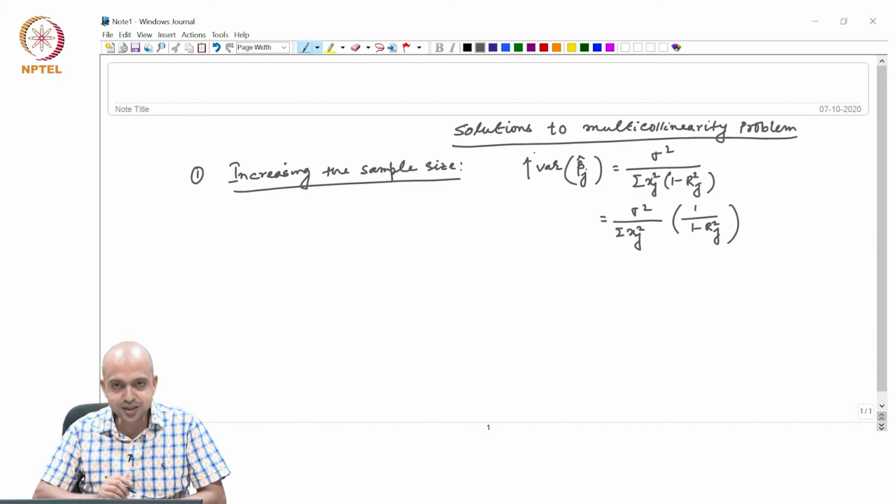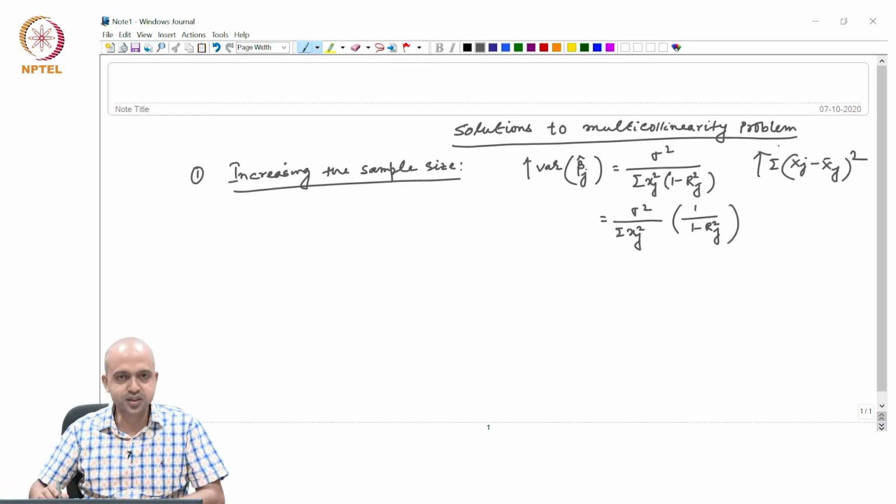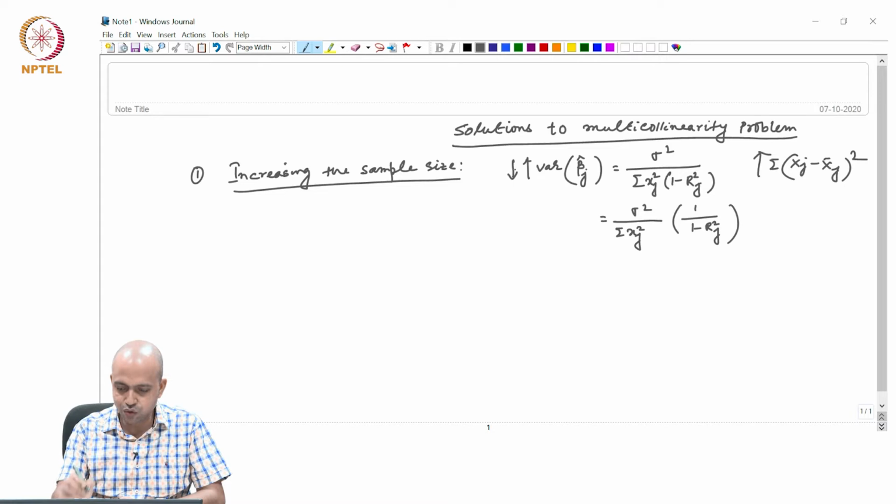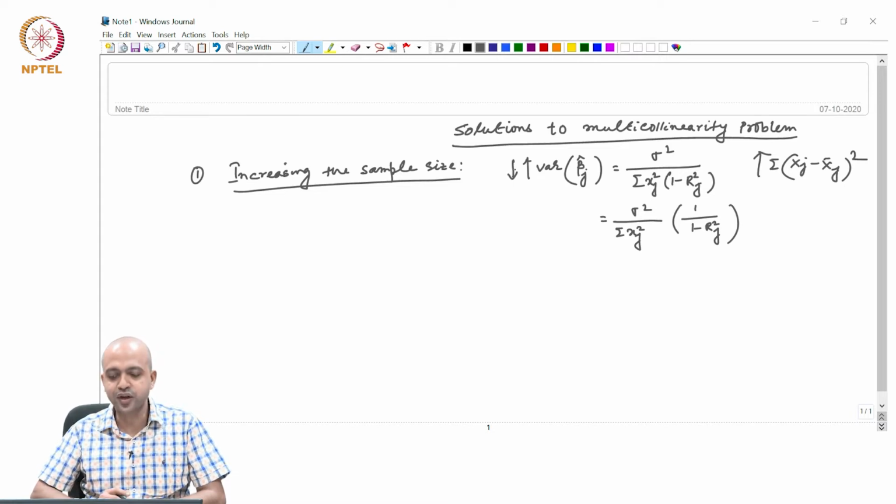But if you increase the sample size, the summation x j square, which is nothing but the sum of x j minus x j bar whole square, generally also increases, and that gives you a downward shock to the variance of beta j.